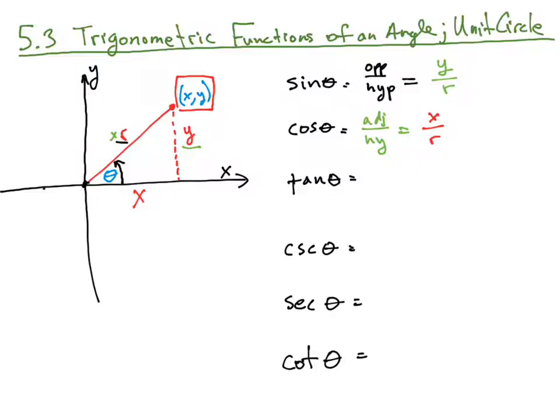Tangent is opposite over adjacent, so this is y over x. Cosecant is the reciprocal of sine, so cosecant is r over y. Secant is the reciprocal of cosine, so that's r over x. And cotangent is the reciprocal of tangent, which is x over y.